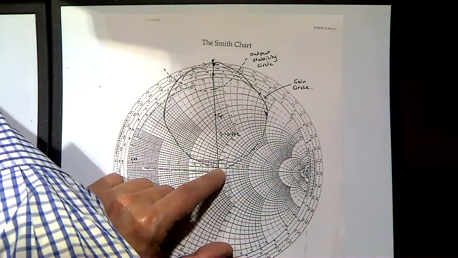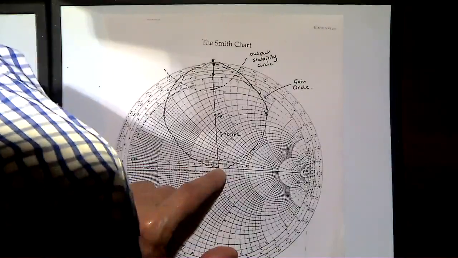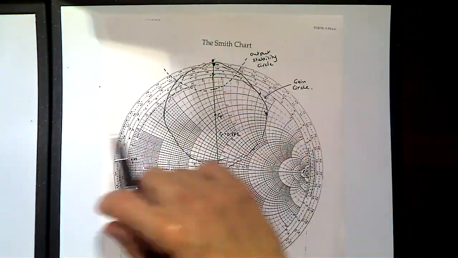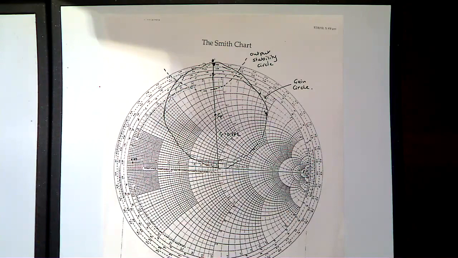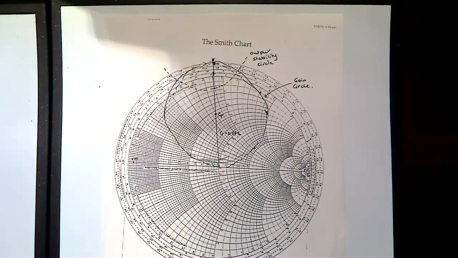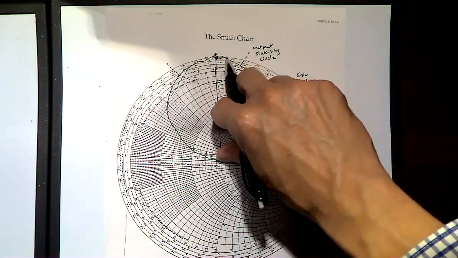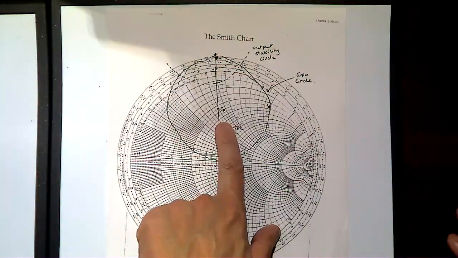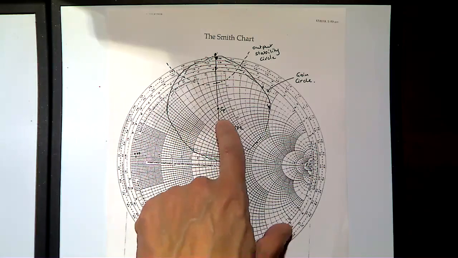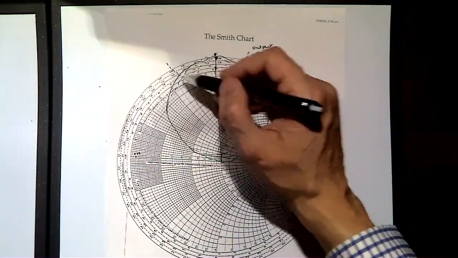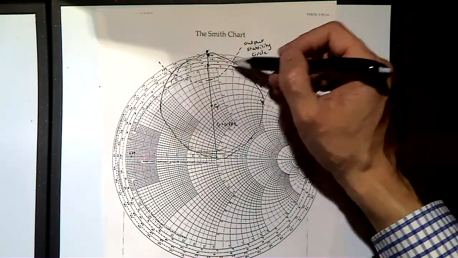To work out the length along this line, we measure out 0.72 with our compass, and then we draw the circle, given the radius. Also, we draw the output stability circle.